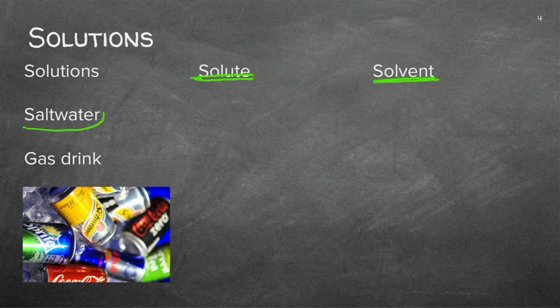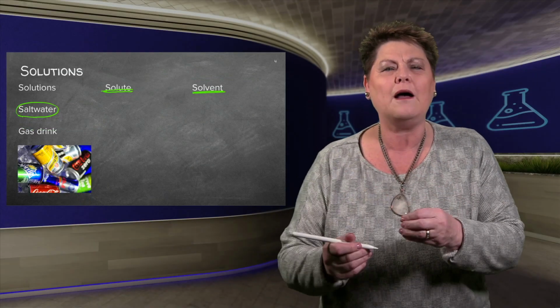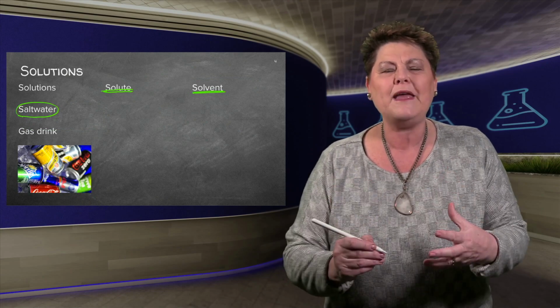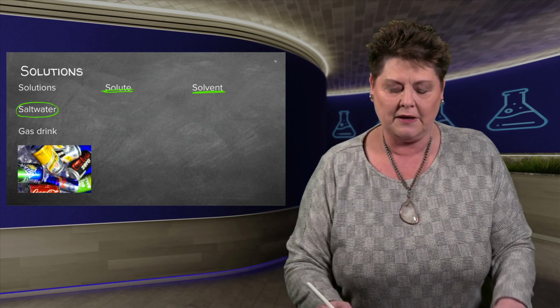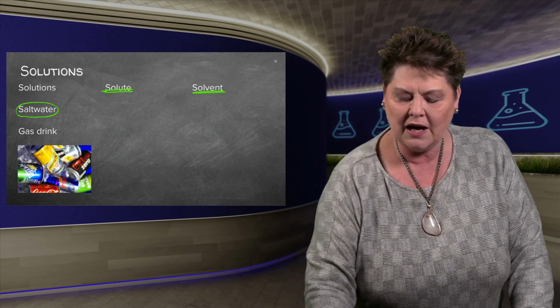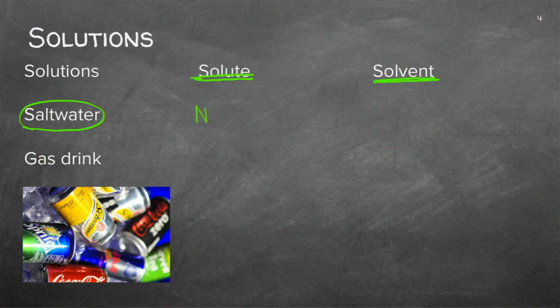I've got salt water. Now, guys, if you see these types of tables, take a pen and do it with me and see if you can get the same answer. If I've got salt water, I actually have sodium chloride, which in actual fact is salt, as the solute. And what do you have with it? Can you see what you have there? Water. So the solvent will be the water.